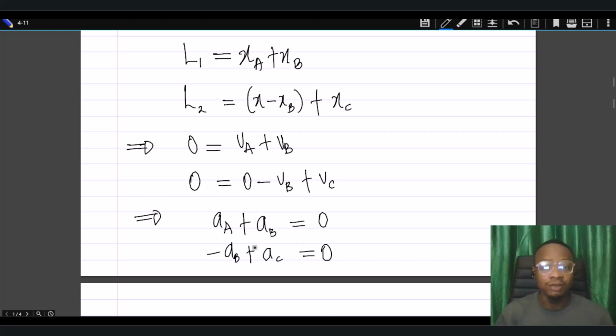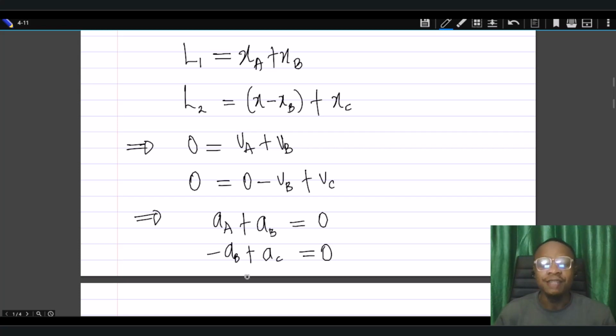Of course, this agrees with the fact that the acceleration of A will be equal in magnitude to the acceleration of B, and likewise, the acceleration of B will be equal in magnitude to the acceleration of C. So that is quite easy to see from here.